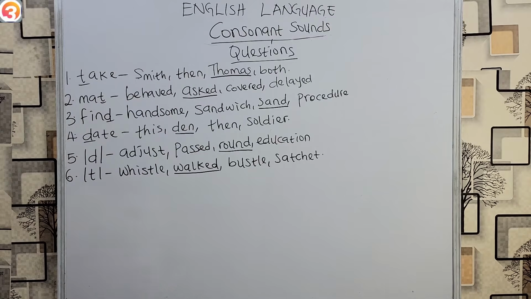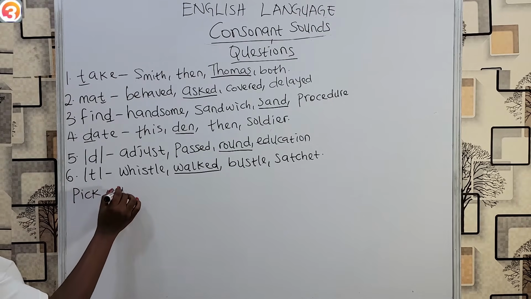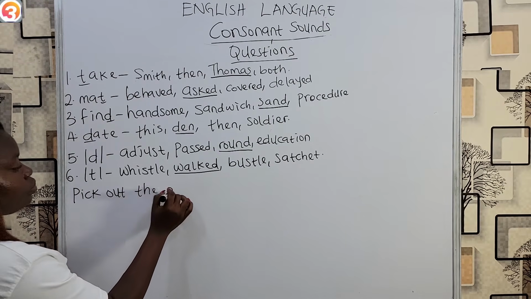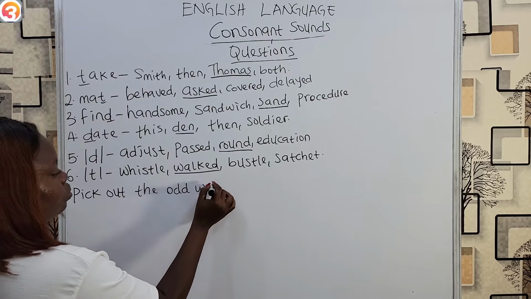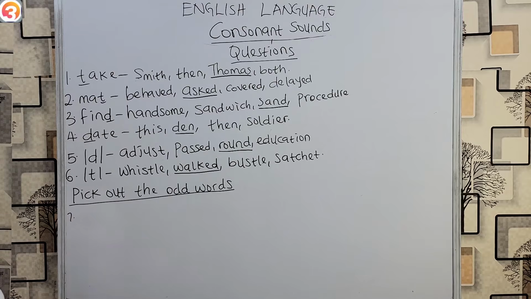Then if you're now given words and we're asked to pick out the odd word. Yes, so we are given a group of words and we want to choose the odd one out.